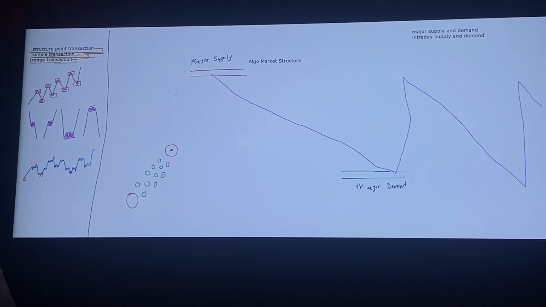So the business that happens within is for price to deliver, and it still has to do with supply and demand. Those are your intraday supply and demand levels.